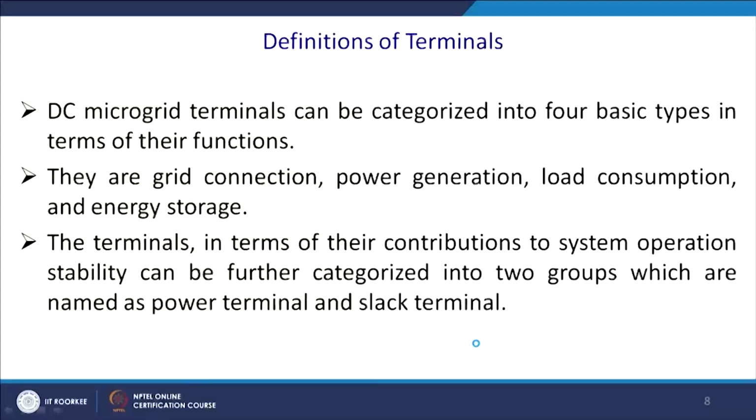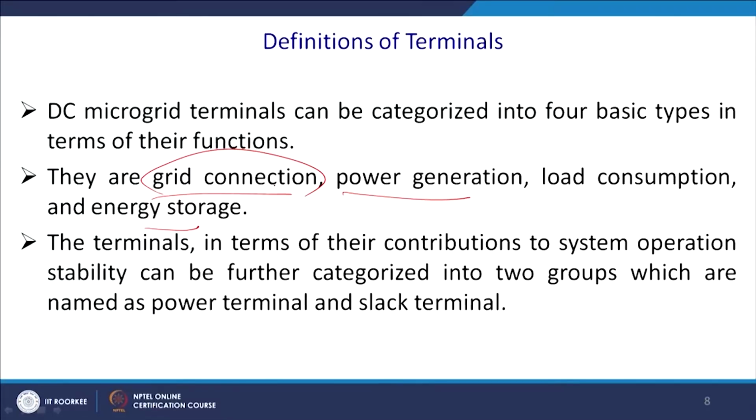DC microgrid terminals can be categorized into 4 basic types in terms of their functions. They are grid connections, power generation, load consumption and energy storage. So, once you are converting, there is a bidirectional DC to DC converter, DC AC converter or AC DC converter, that is the grid connection.